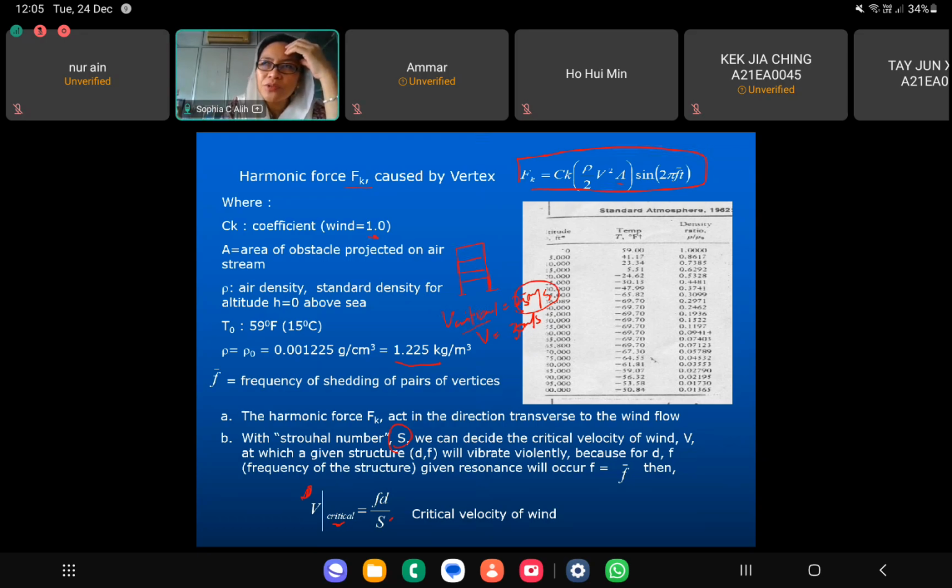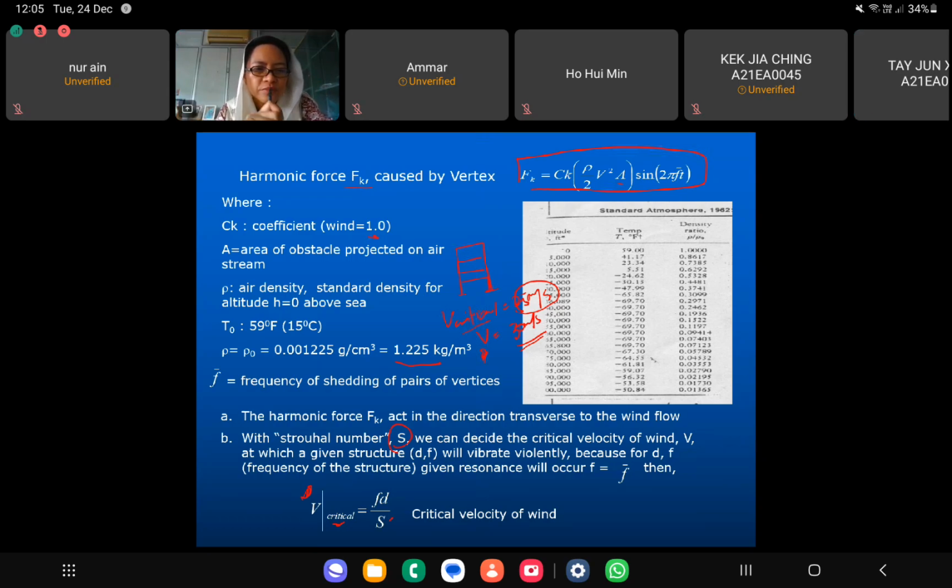And I wanted to construct it in Skudai, in which when I check the Malaysia National Annex, the basic wind speed in Skudai is 30 meters per second. My question is, is this structure safe in terms of vortex excitation, or does it have a risk of vortex excitation?